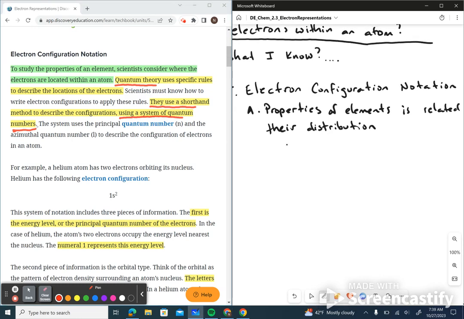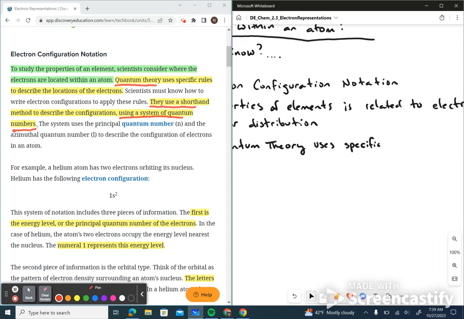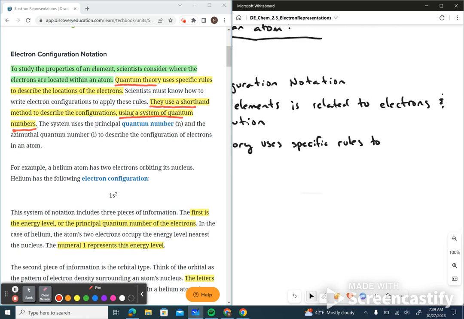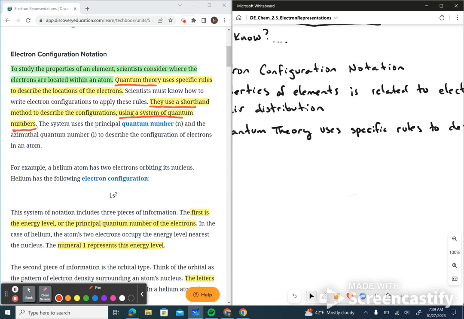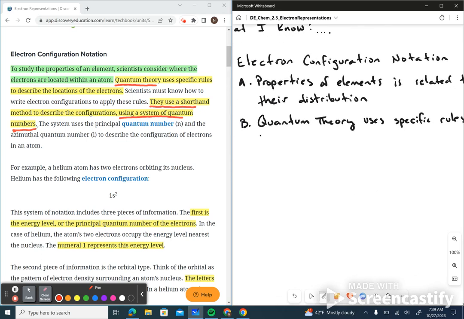Let's put down B, letter B. Quantum theory uses specific rules to describe electron locations.